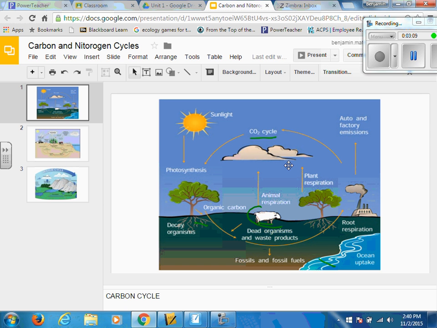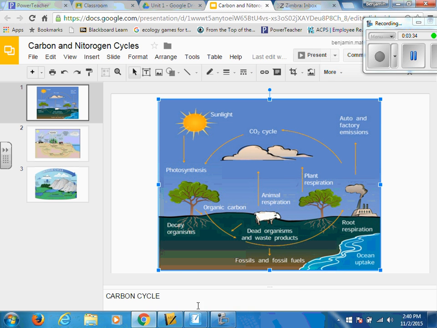You can just substitute this guy right there for a human, and you can see that that's our role. And of course, when any living thing dies, they become part of the soil. And so dead organisms or waste products also become part of the soil, and that's what makes up the fossil fuels. But in humans, our major role within the carbon cycle is for respiration.